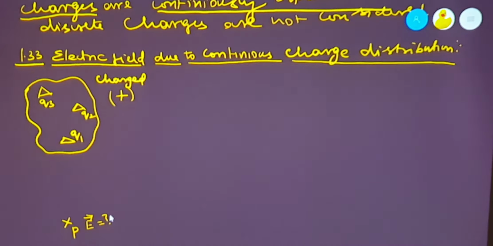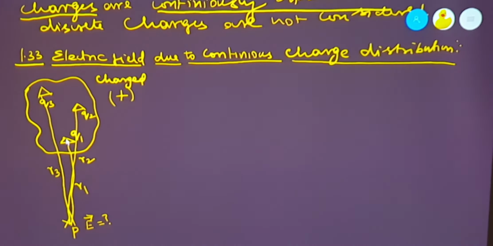How to calculate? For that, I have to calculate initially the electrical field at this point P due to individual charges. Due to Q1, let the distance be R1. From Q2, the distance of this point is taken to be R2. From Q3, let us consider it as R3.